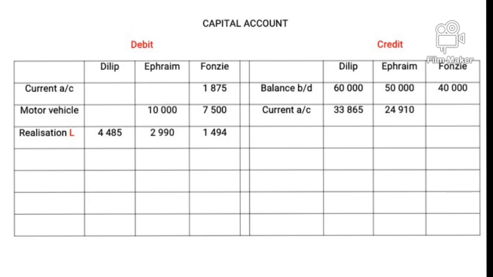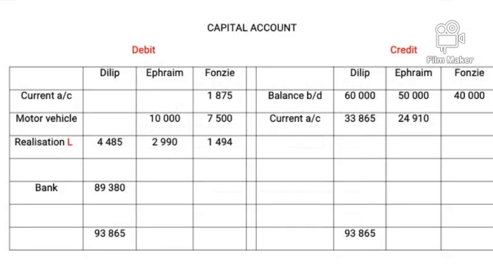Right. So I'm going to start by comparing the debit side of Dilip with the credit side of Dilip. So the total on the credit side is 93,865, which is the sum of 60,000 plus 33,865.